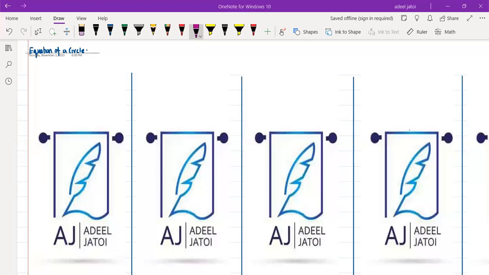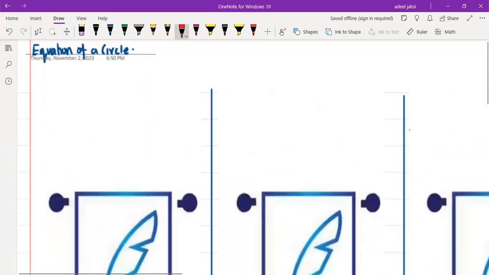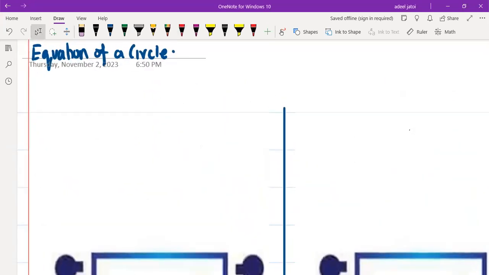Equation of circle, it's part of coordinate geometry, but you need to understand that the equation of a circle is (x − a)² + (y − b)² = r².